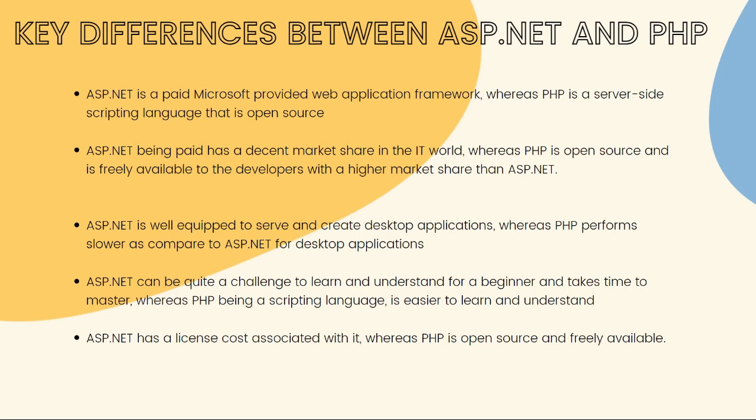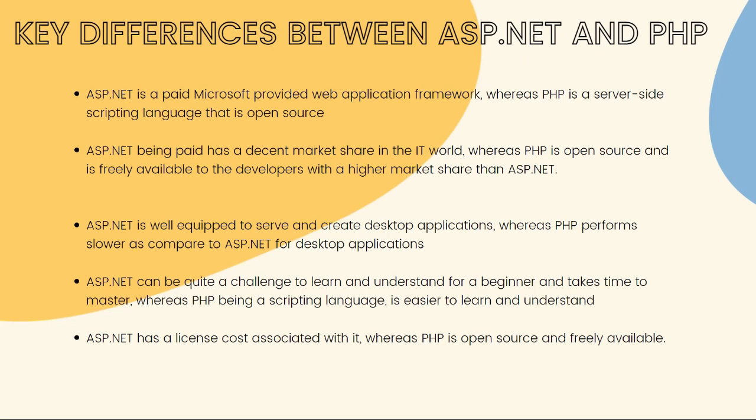ASP is a platform from Microsoft provided as an application framework, whereas PHP is an open source server-side scripting language. And then ASP, being paid, has a decent market share in the IT world, whereas PHP is open source, free, and available to developers, with a higher market share than ASP.NET.